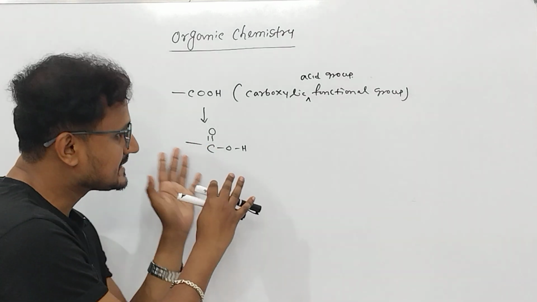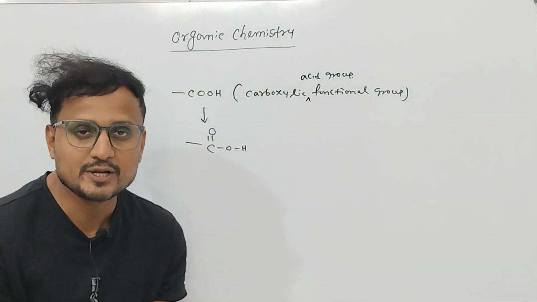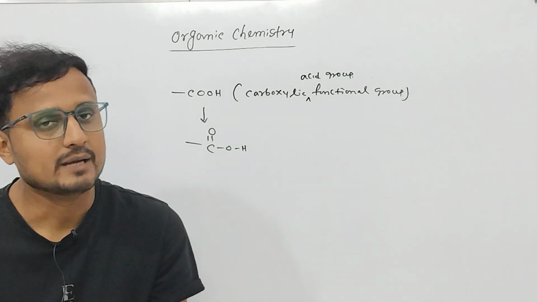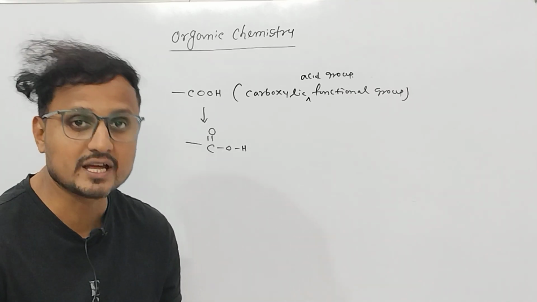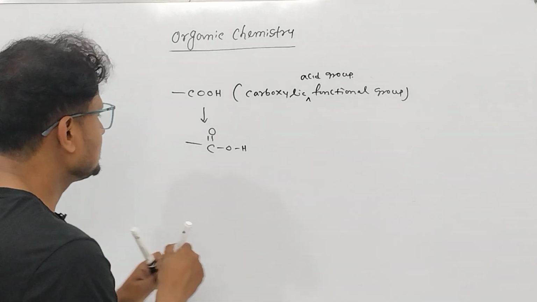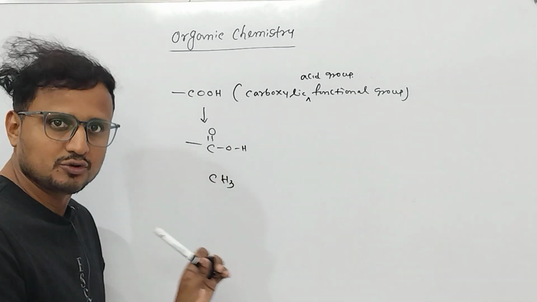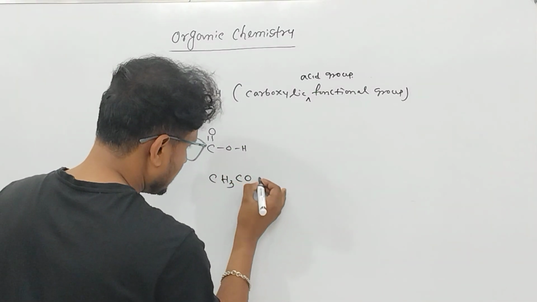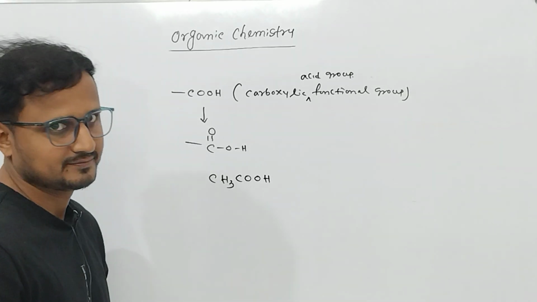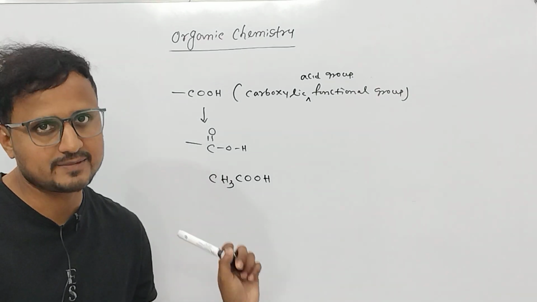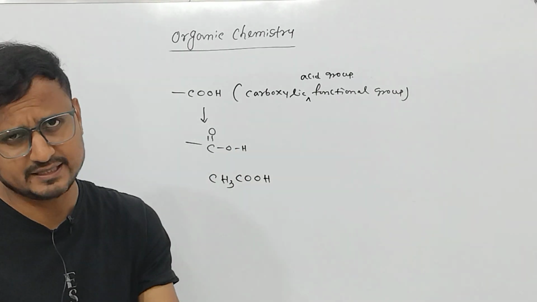Now when the carboxylic acid group is present in a compound, it will be a carboxylic acid. And all the organic carboxylic acids are weak acids. Suppose you have taken one alkyl group CH3 and with that COOH. Obviously it has an IUPAC name, we'll learn it later on.